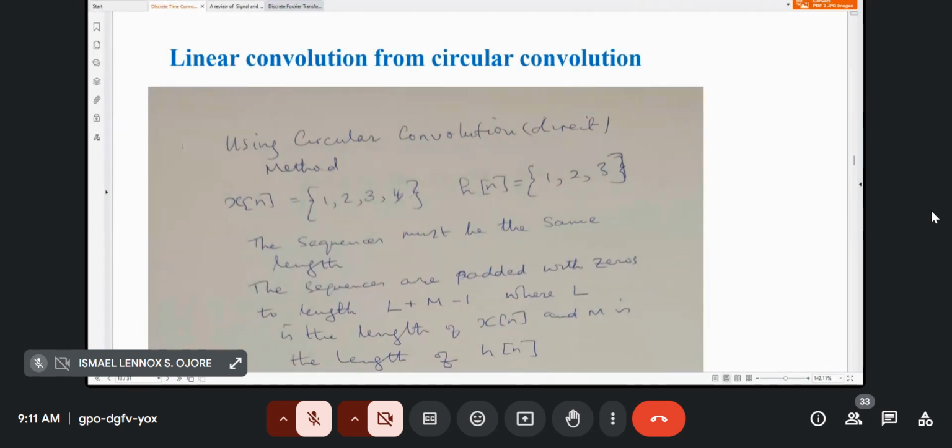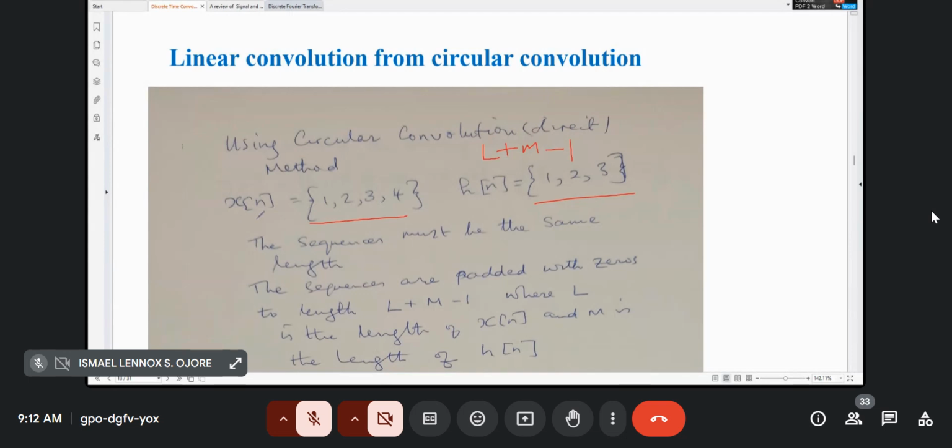And how do you pad them? Remember, when we do this, the length of the output sequence for the linear convolution is L plus M minus 1.